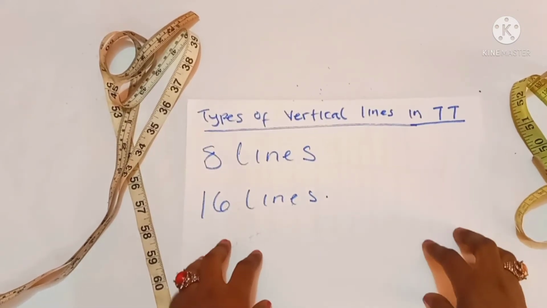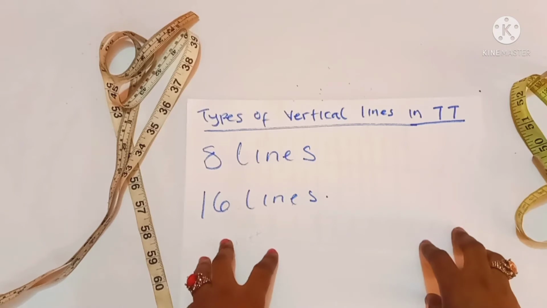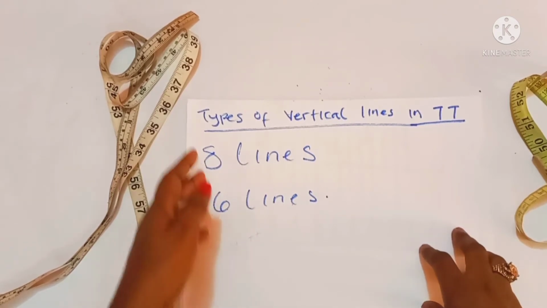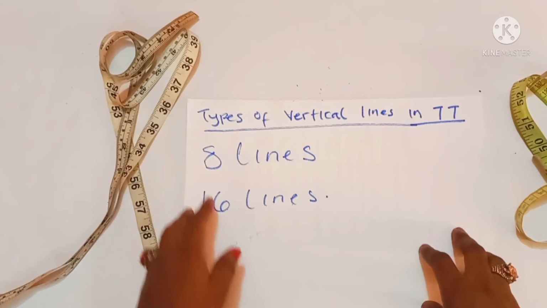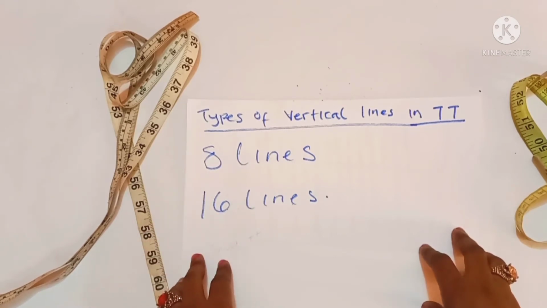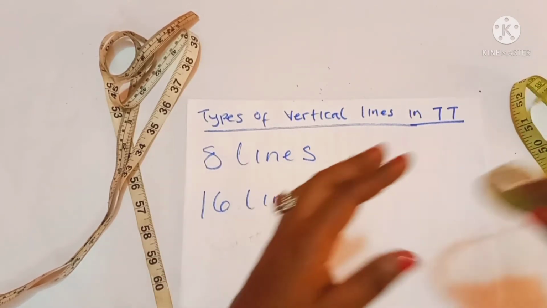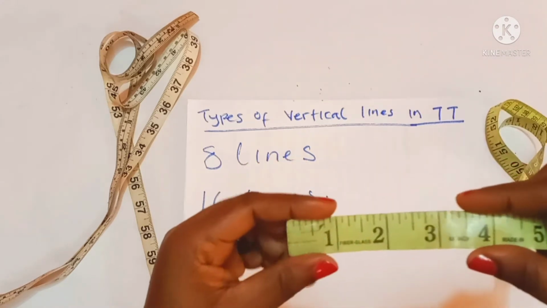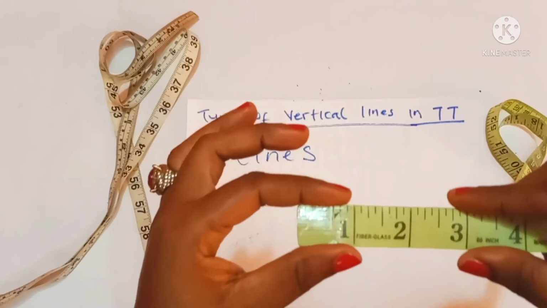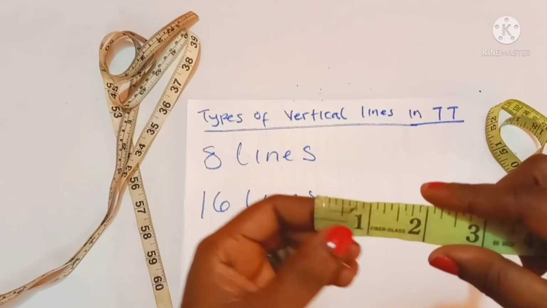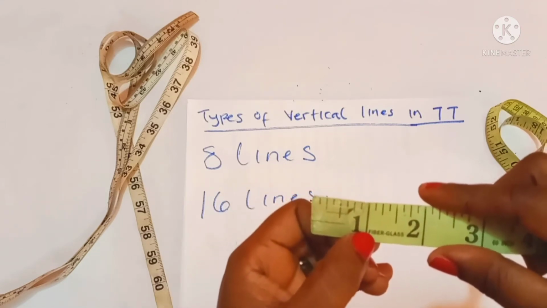Okay, before I move further guys, I would quickly like to chip in here that there are two types of vertical lines in a tailor's tape. Tape with 8 lines and tape with 16 lines. This tape right here has 8 lines, from the very first short line to the long one here, to the one here.